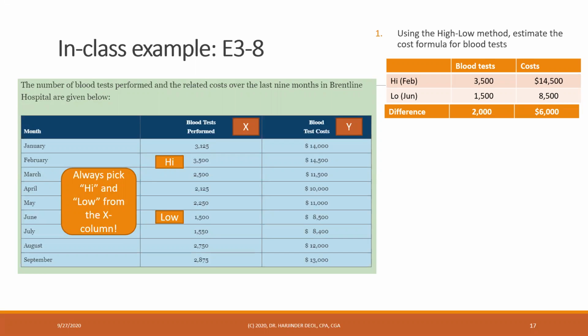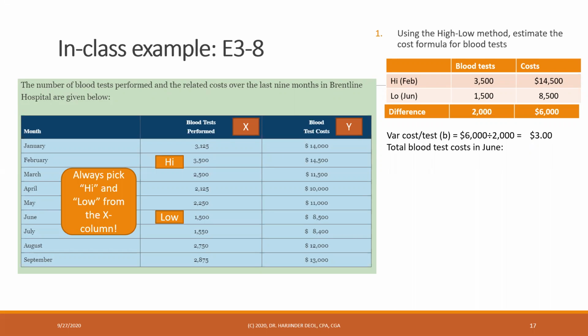So now we can use this to calculate our variable cost per unit. $6,000 divided by 2,000 units gives us a per unit cost of $3 per unit or per blood test. Now we can take this data and apply that to either the high data point or the low data point to calculate our fixed cost.